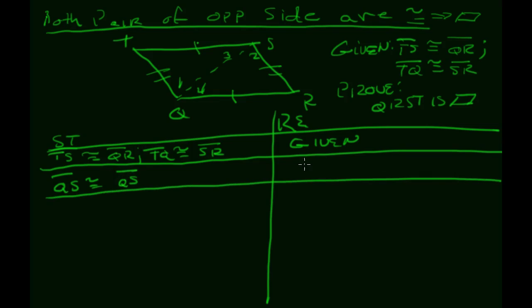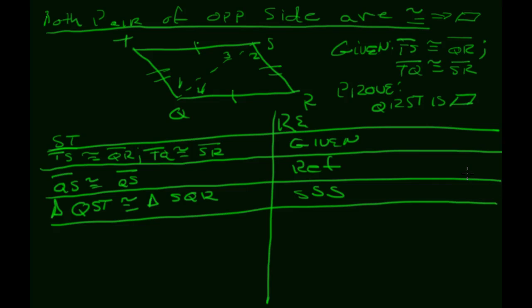And I know that because of the reflexive property, which now gives me that triangle QST is congruent to triangle SQR, and that's by SSS.